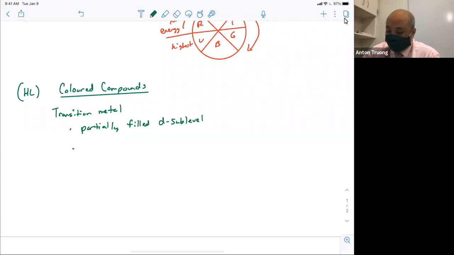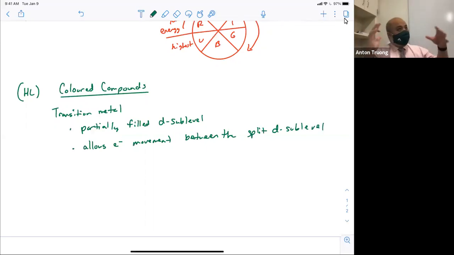What that allows is electron movement between the split D sublevel. Because when ligands bond to it and form that complex ion, it splits the D sublevel, and that difference in energy is what colors get absorbed by that complex.